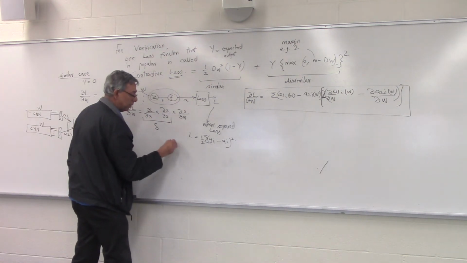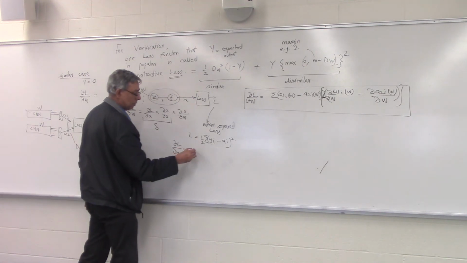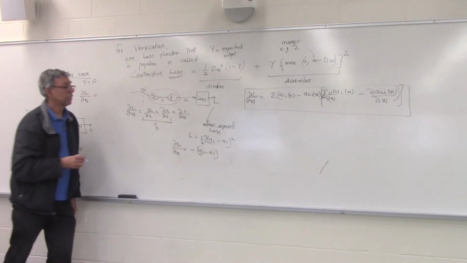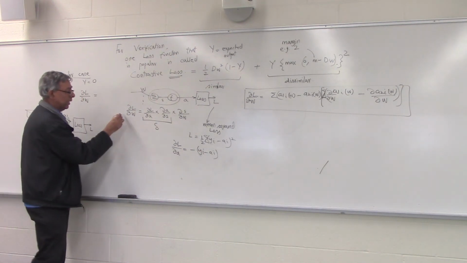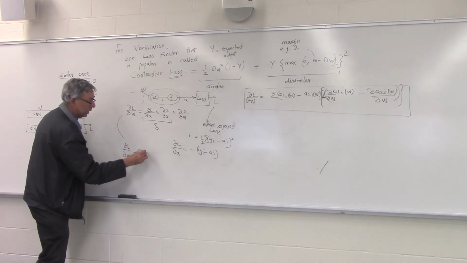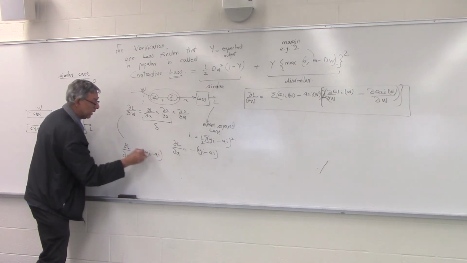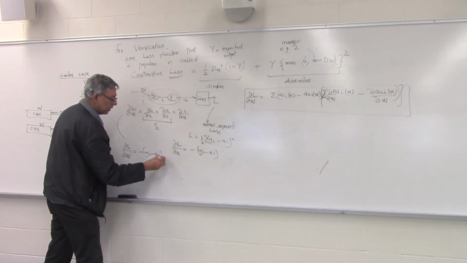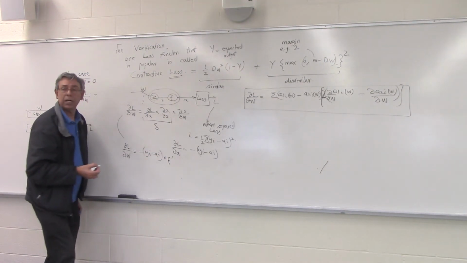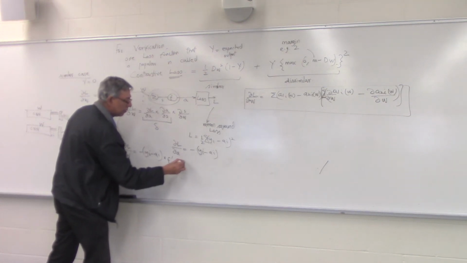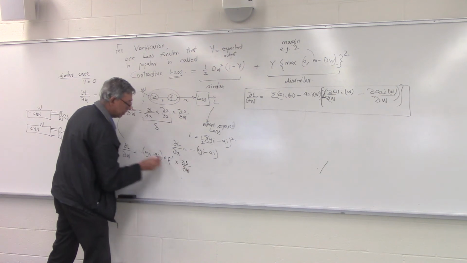So what will be partial L over partial A then? Minus (yi minus ai), correct? So partial L over partial W will look like minus (yi minus ai), which is delta, times the derivative of the activation, times partial S over partial W.